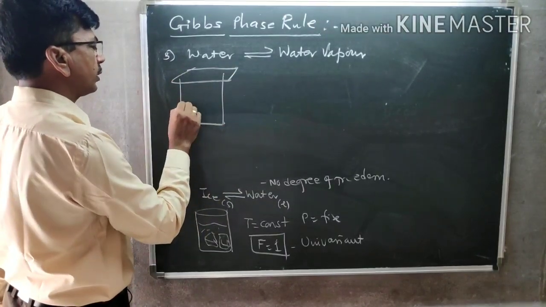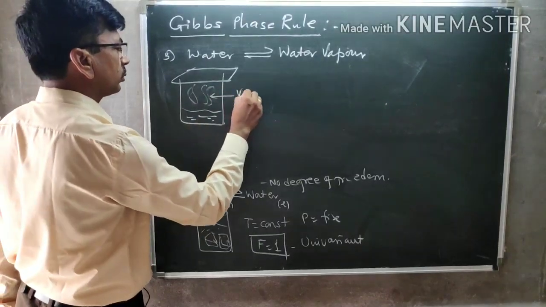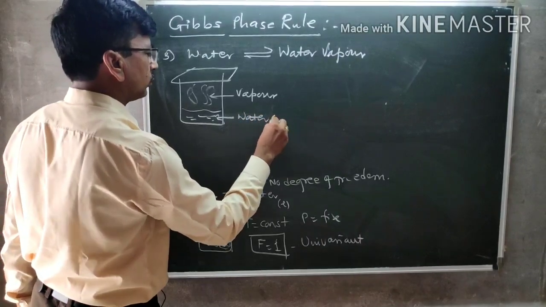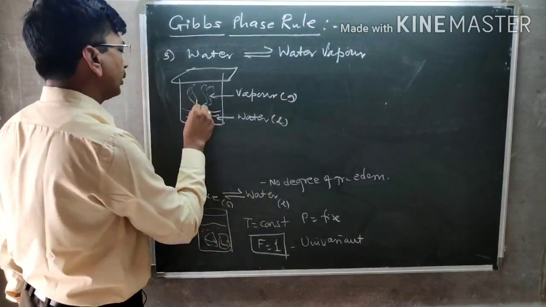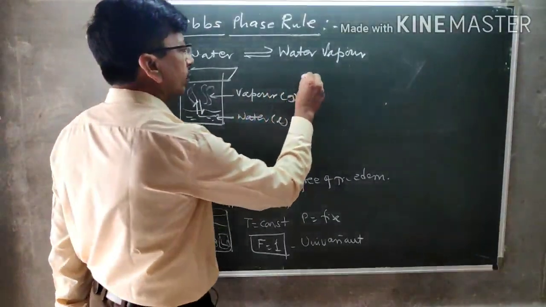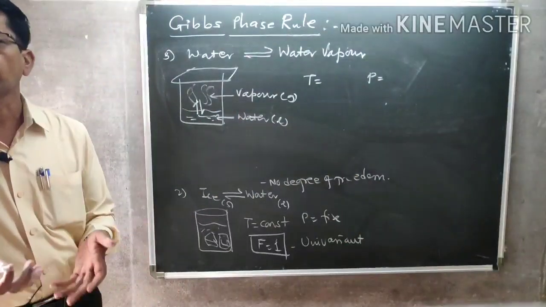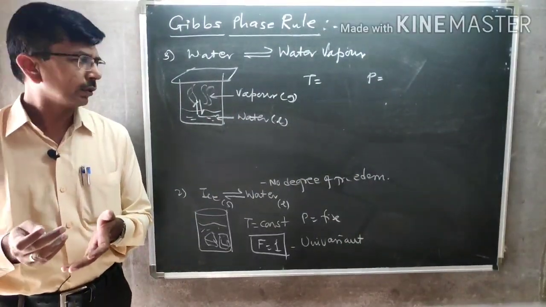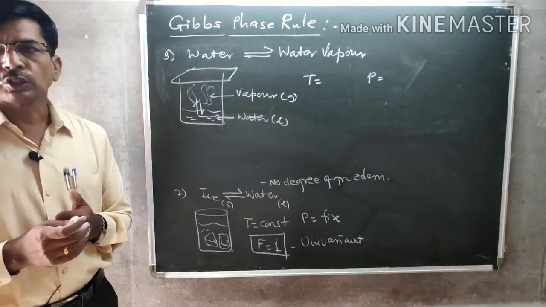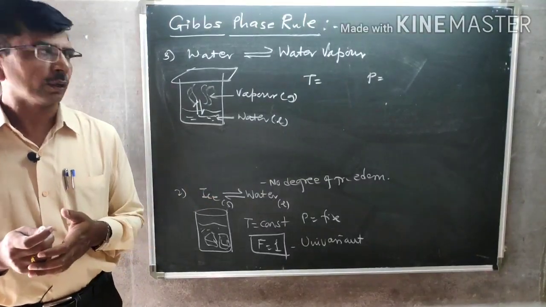Suppose that this is a closed vessel and these are the vapors, and this is liquid water, vapor in gaseous state, and here they attain the equilibrium. We know that at a particular temperature there is a particular vapor pressure. If you increase the temperature, vapor pressure will increase and they will maintain the equilibrium in the system. So in this case also, we have only one variable, either we vary pressure or we vary the temperature.